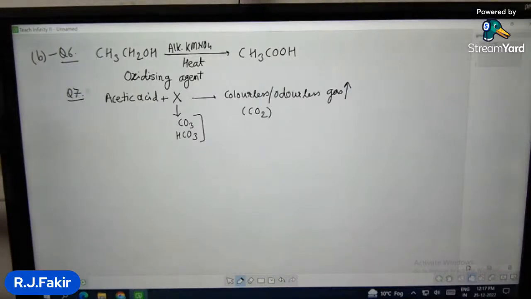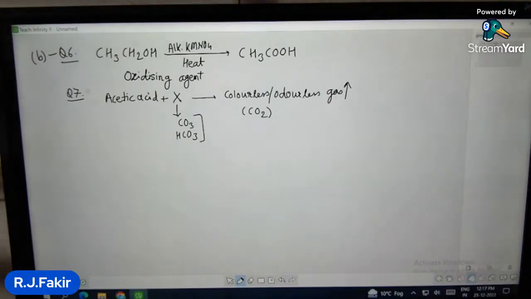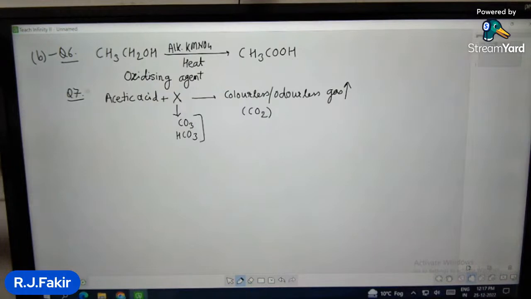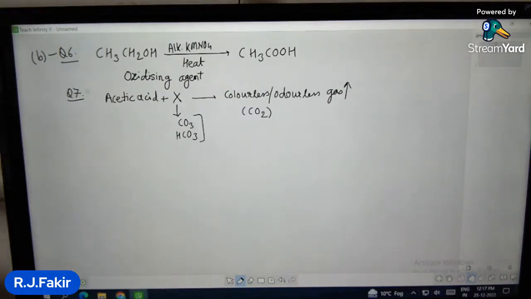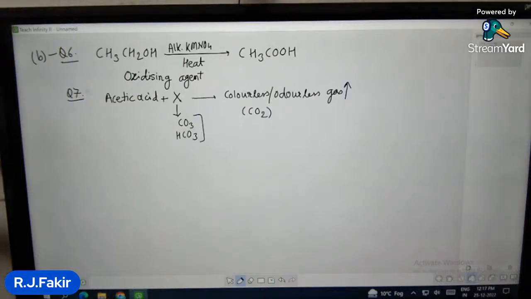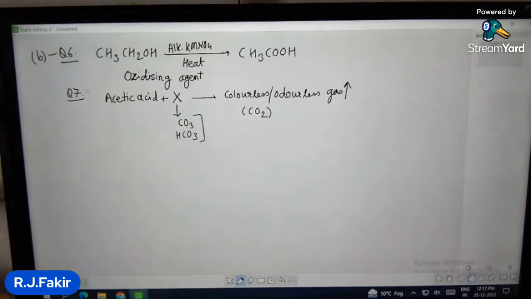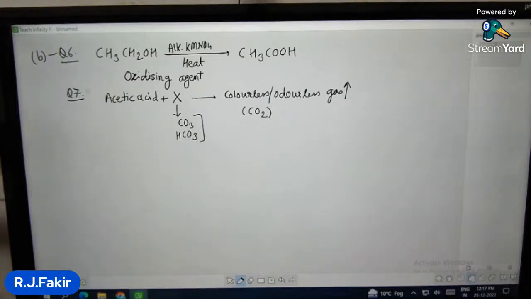A, solid X sodium hydroxide, leave it aside. B, solid X is sodium bicarbonate, okay, is correct. Then C, solid X is sodium acetate, not possible. D, solid X is sodium chloride, not possible. So in this case, for question number 7, the option B is correct.